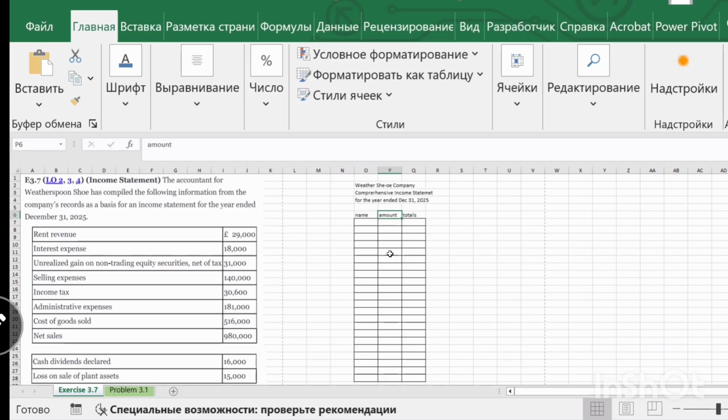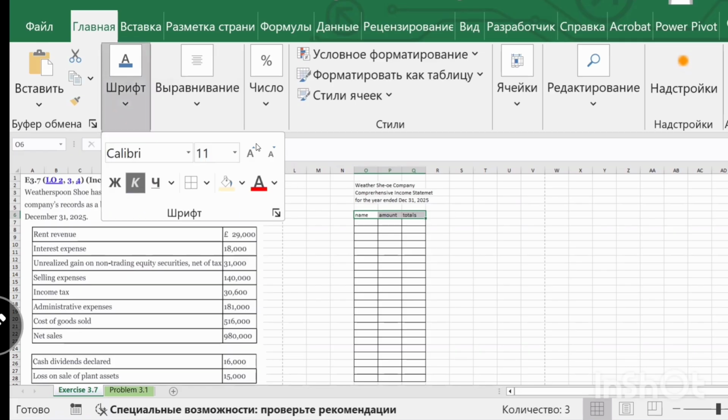Amount means the real amount from the table in the exercise, and total means totals of these numbers. For example, we have selling expense and administrative expense, and the total of them is our operating expense. I will show it to you.